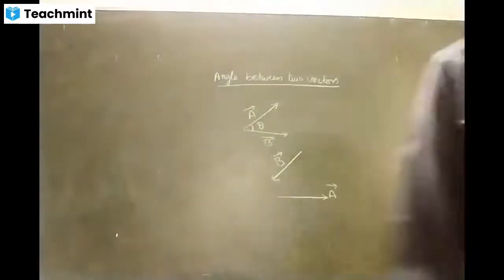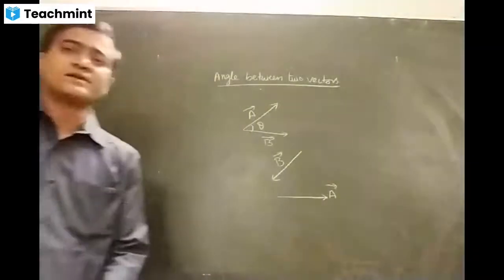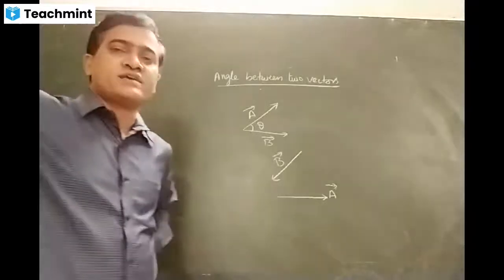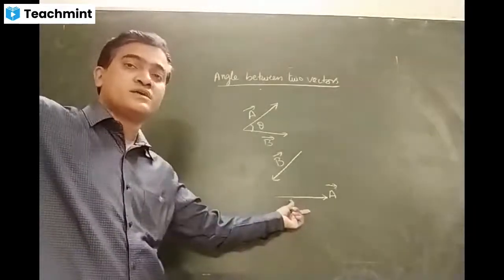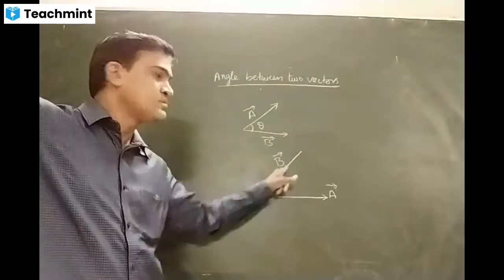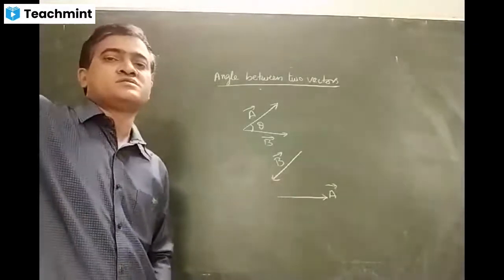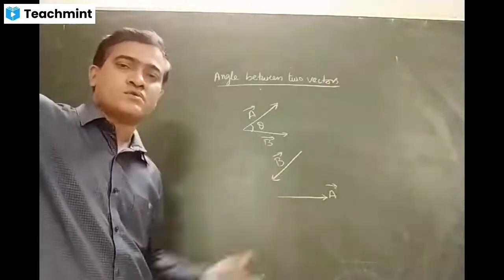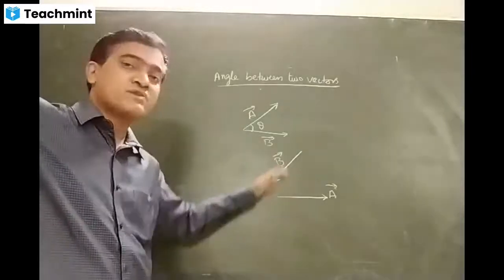In this case, I again want the angle between the two vectors A bar and B bar. I am considering A bar as the first vector and B bar as the second vector. I will move the second vector towards the first vector, or I can move the first vector towards the second vector.